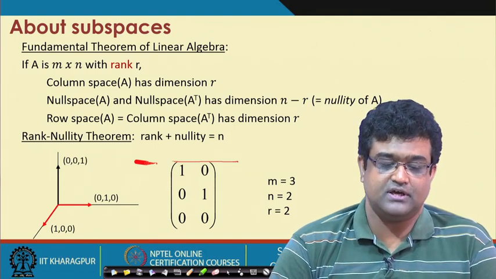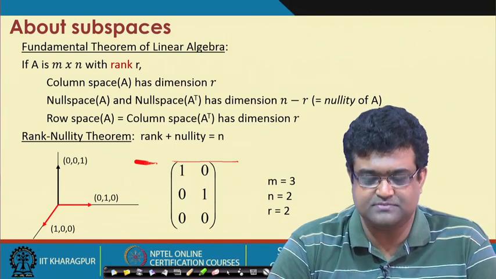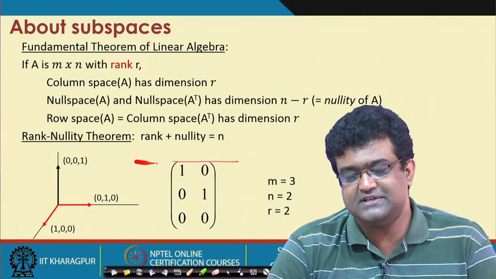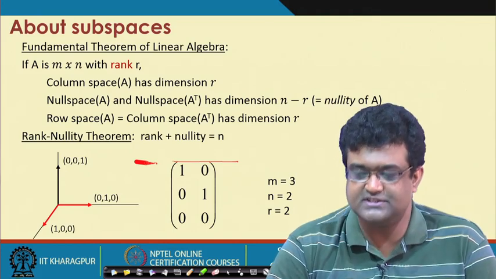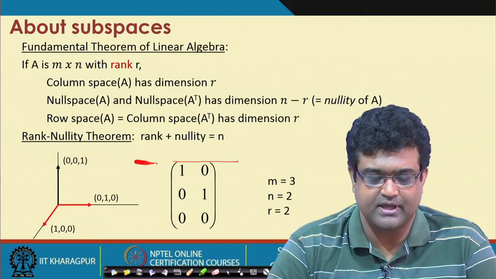Also, the null space of A has dimension n minus R, which is also sometimes called the nullity of A.